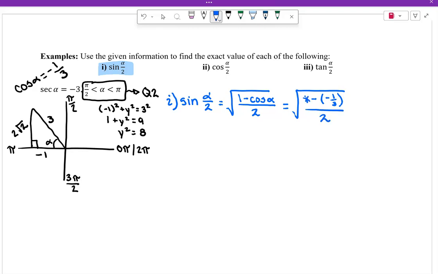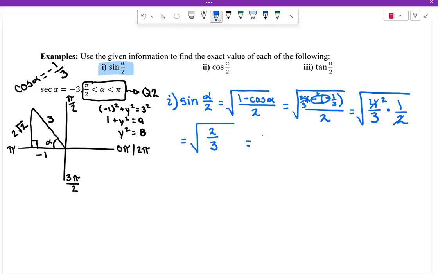So we know that this is going to change to 3/3. Two negatives make a positive, so we are going to get 4/3. And remember, dividing by 2 is the same thing as multiplying by a half. So 2 goes into 4 twice. So it looks like we are going to have the square root of 2/3.